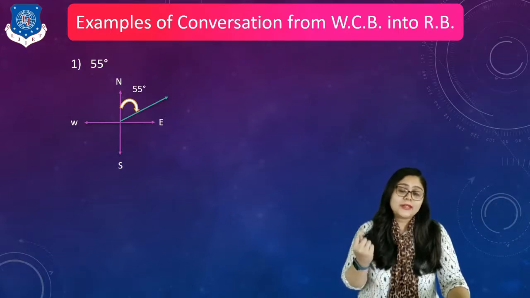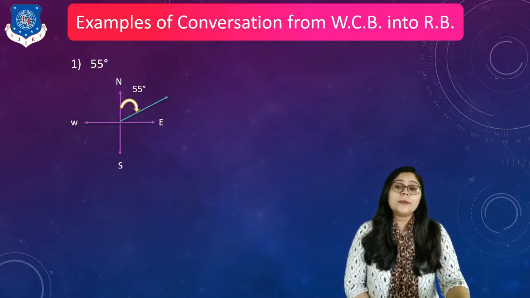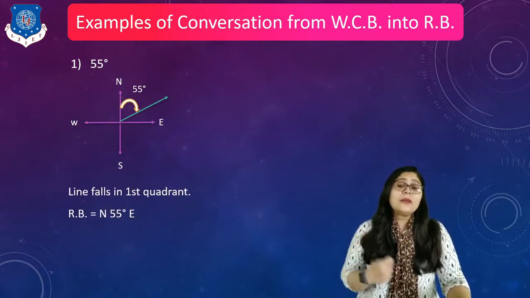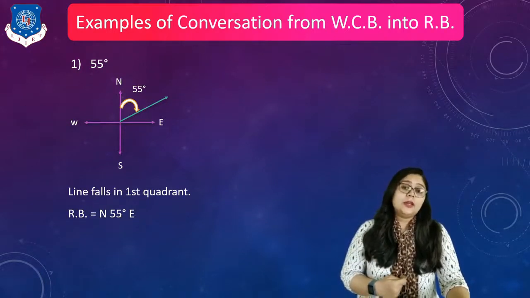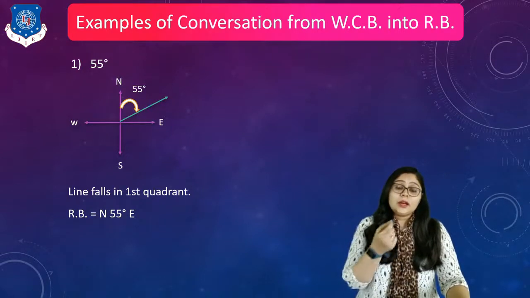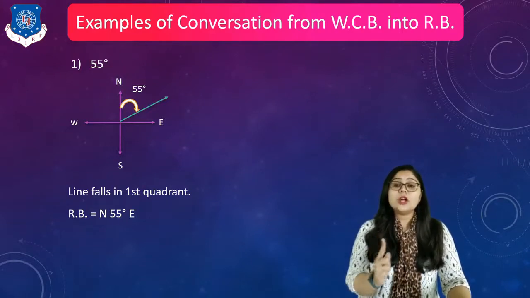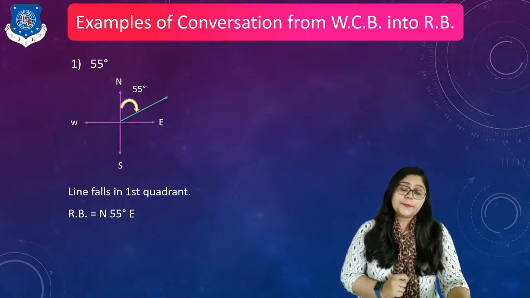My survey line passes through the first quadrant at an angle of 55 degree. Now I want to calculate the reduced bearing. Again, the concept is the same, from north in clockwise direction. The value is the same, but the method of representation is different, which is north 55 degree east, right?